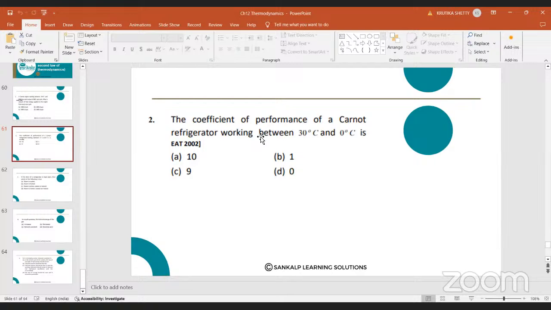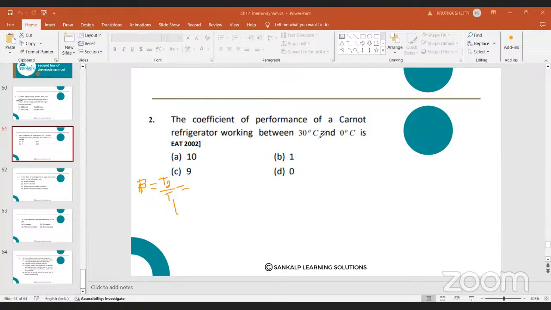The coefficient of performance beta is equal to T2 by T1 in terms of temperature. The temperature is given as 30 degrees Celsius and 0 degrees Celsius.